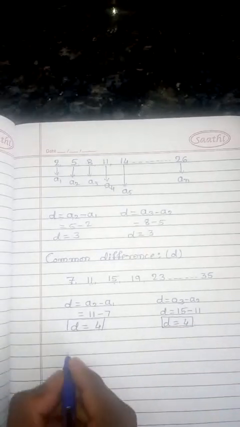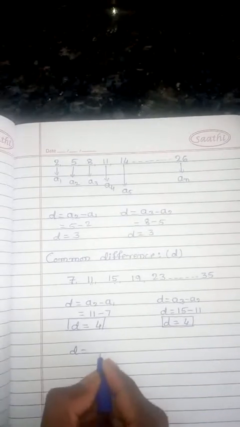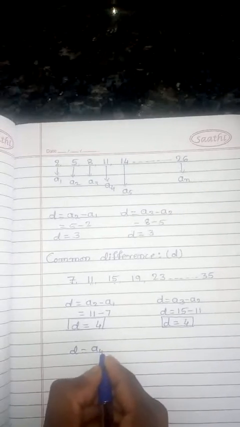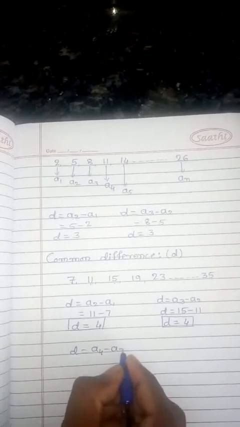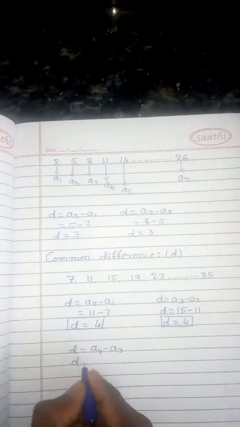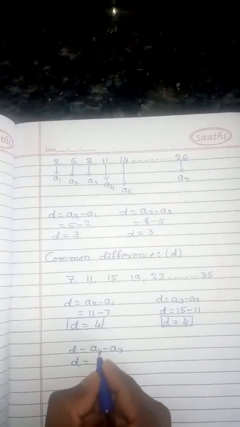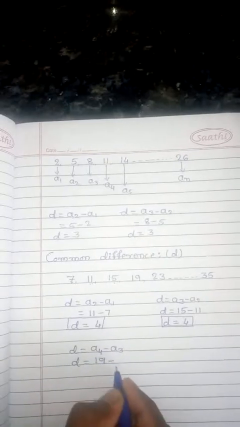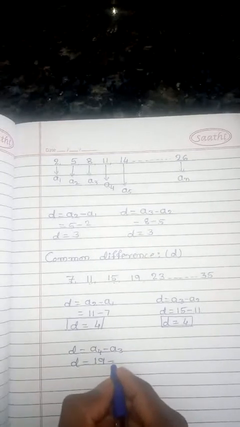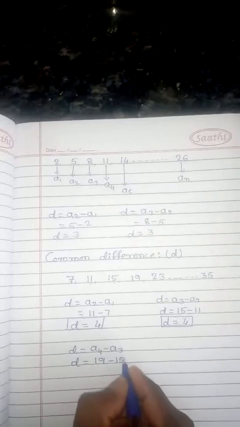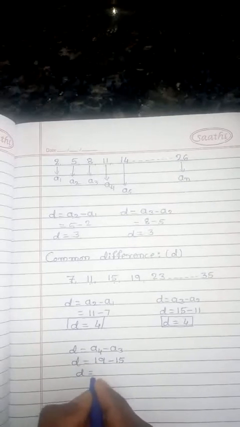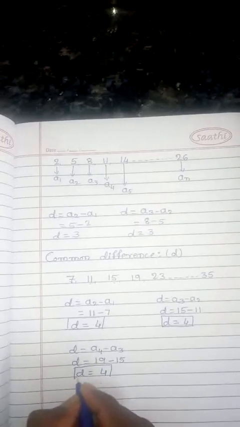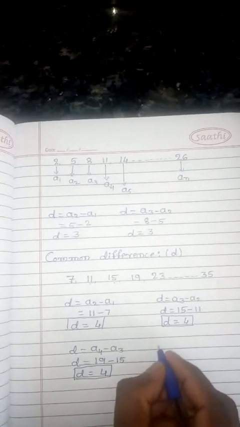The next d is equal to a4 minus a3. That is d is equal to the value of the fourth term, 19, minus the third term, 15. 19 minus 15 is 4. The common difference is 4. Then next consider another one.